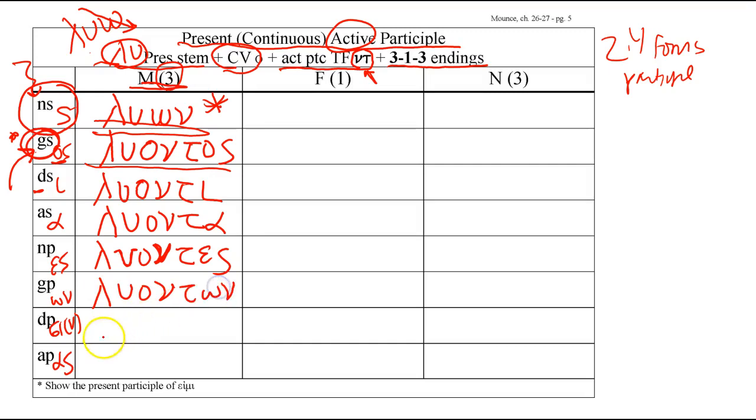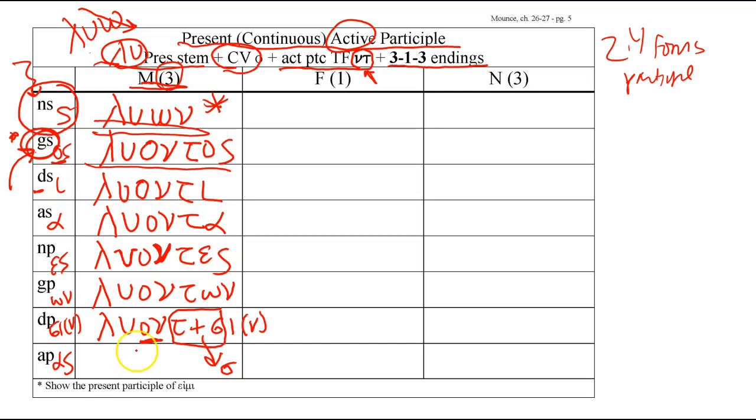The genitive plural is luontōn. And the dative plural is luont, but we're adding si or sin. And when the tau and the sigma combine, it will become a sigma. Its internal vowel will want to change.